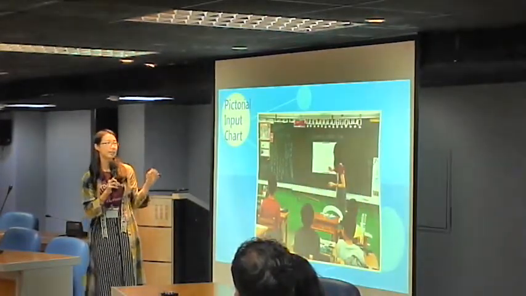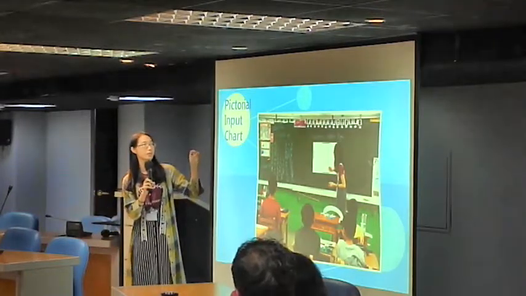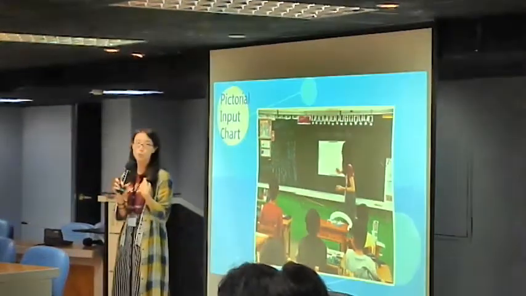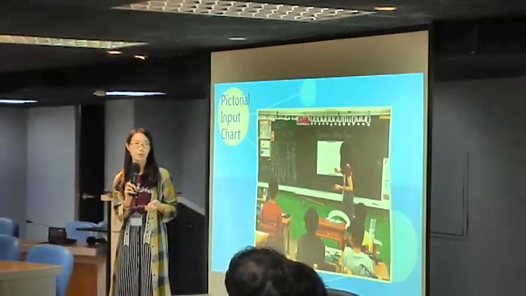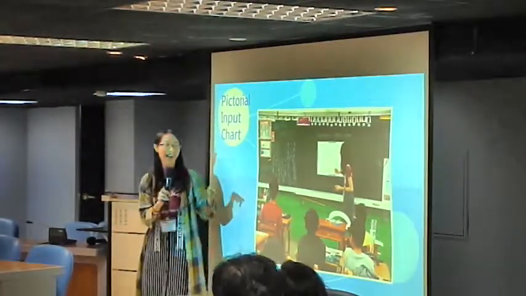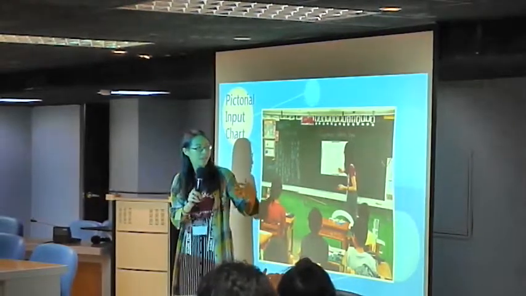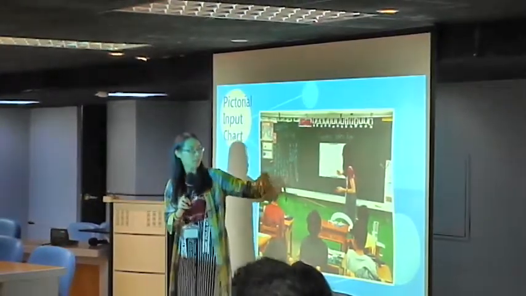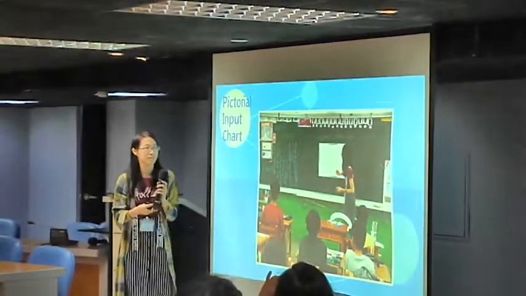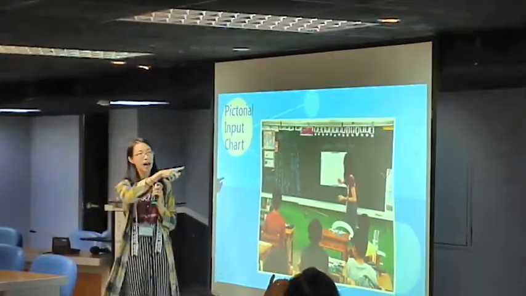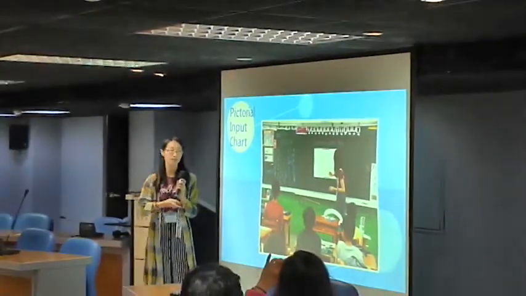And I did a pictorial input chart in my school. Because we have a bird watching course, I drew a Japanese white-eye and introduced its white breast, the green feathers, and its eyes surrounded by a white circle.